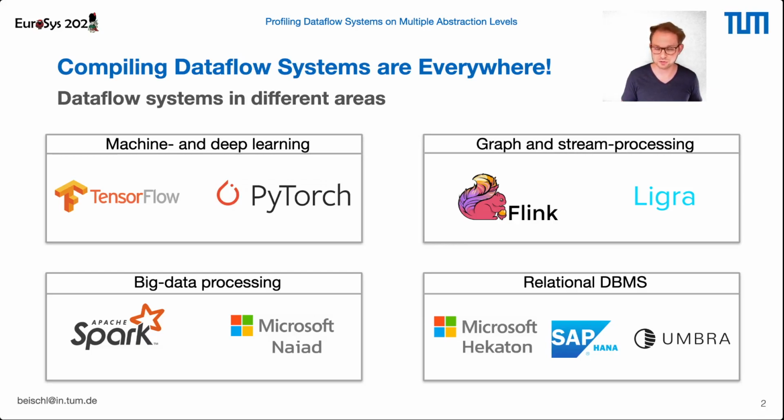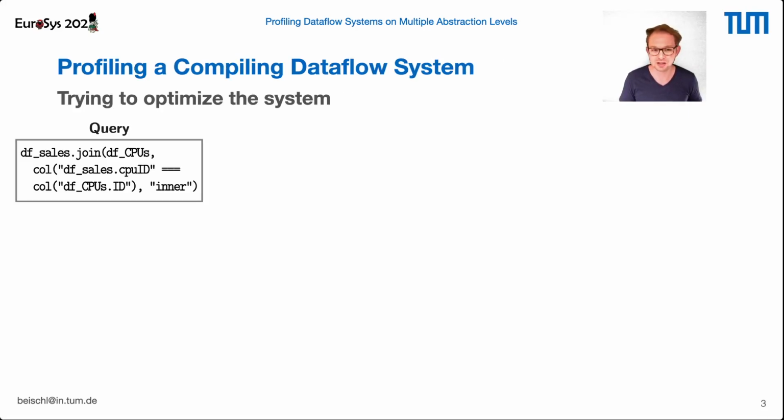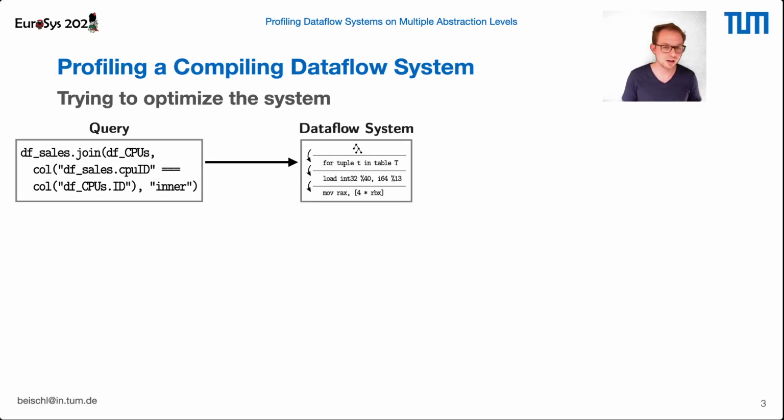And probably every one of you working on a compiling dataflow system knows the following situation. So I'm running a dataflow expression in a domain-specific language or a query in my dataflow system. Now the system parses and optimizes my query to generate query-specific code that is optimized for the underlying hardware.